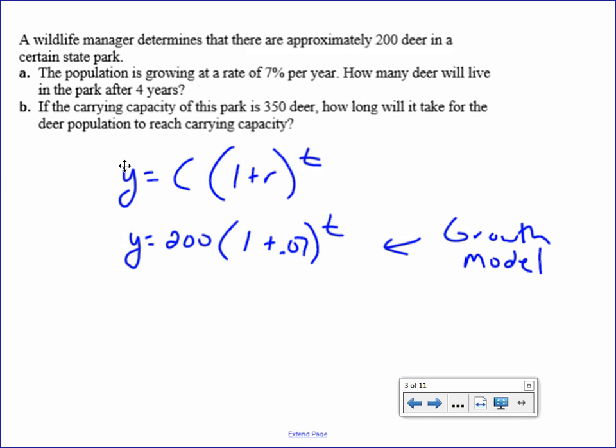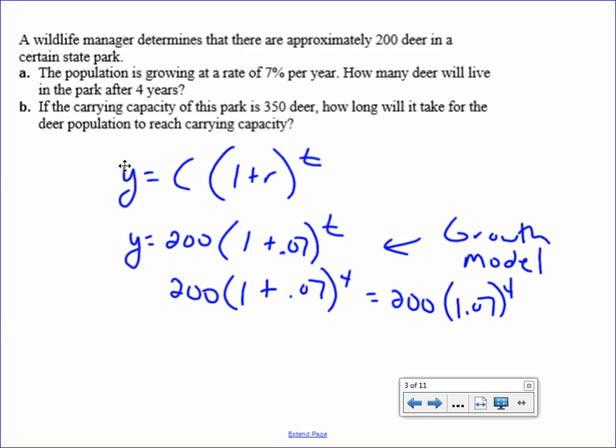That would be considered a growth model. If we wanted to solve the problem, we would put in a 4 for the time. So I have 200 times 1.07 to the 4th power.